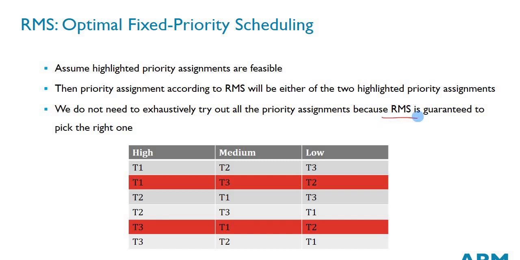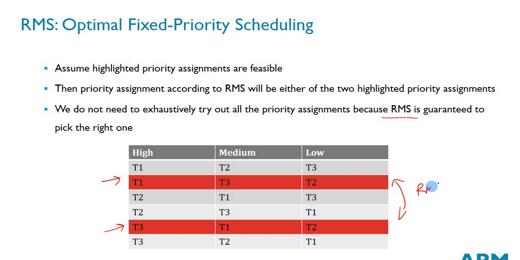Let me repeat that. If I randomly assign priorities to the tasks, and in this situation this option and this option produce schedules that are feasible, that means the priority assignments are feasible. That means I do not miss any deadline. That means at least one of them would be RMS.